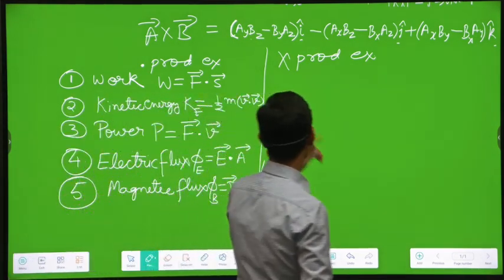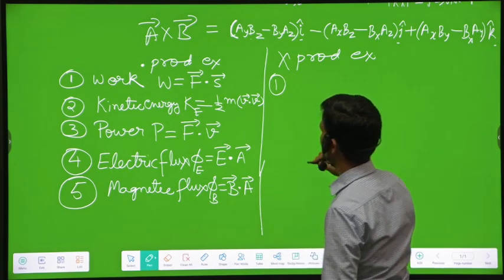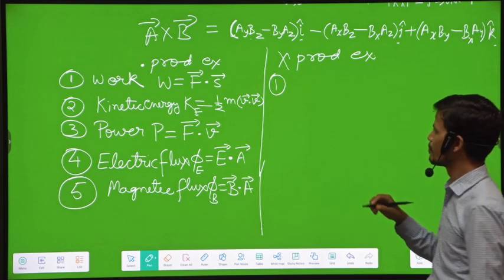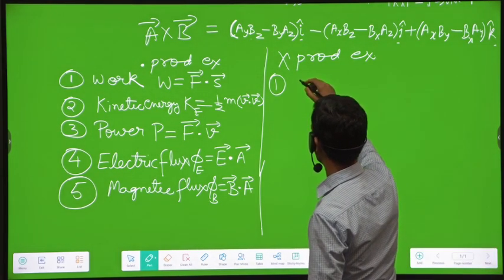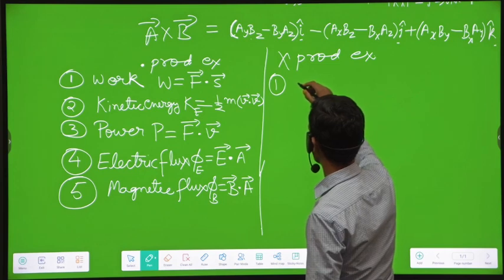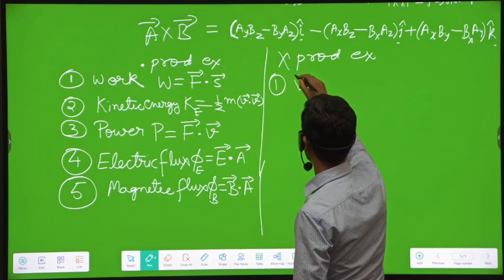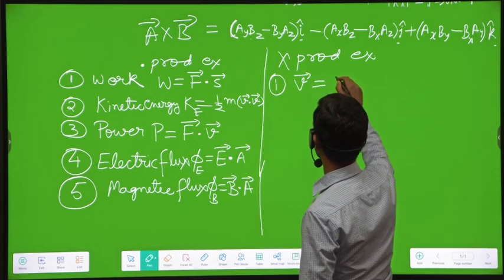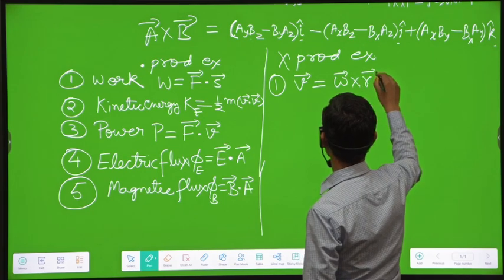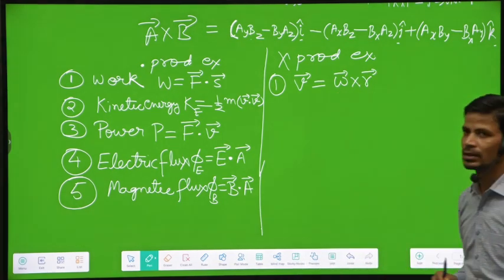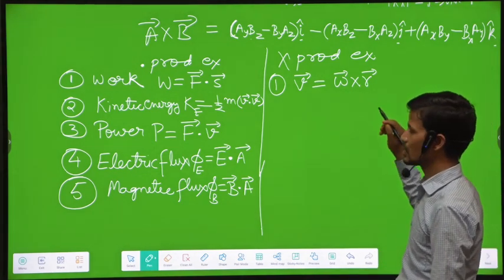Okay, now cross product. First is linear velocity equal to angular velocity cross r. V equal to omega cross r.